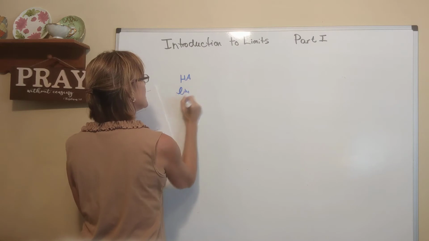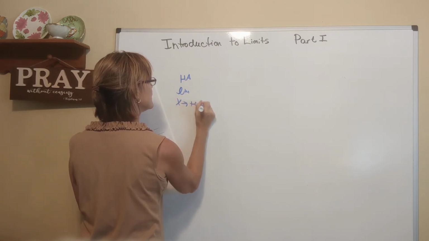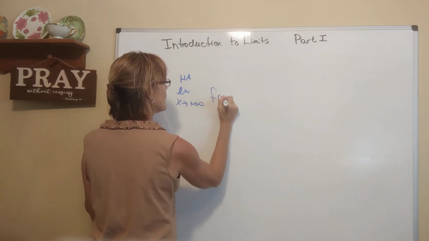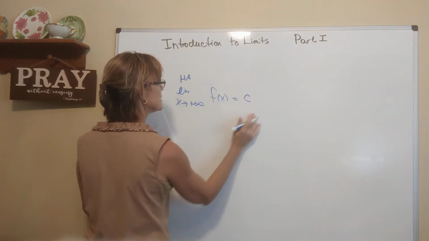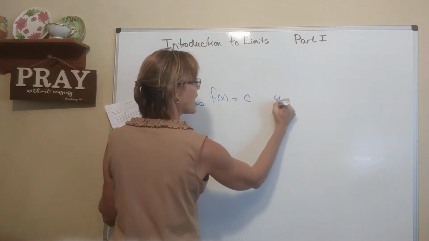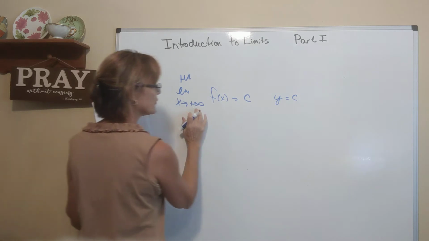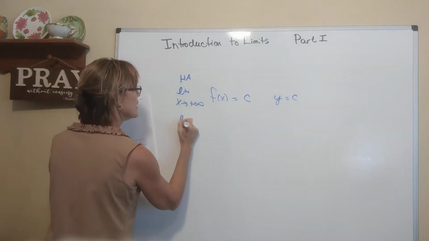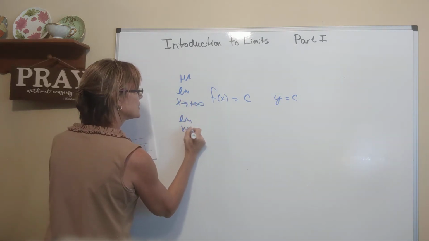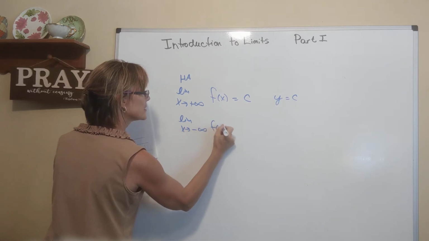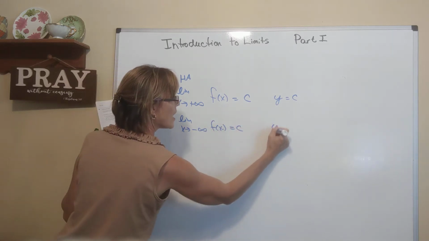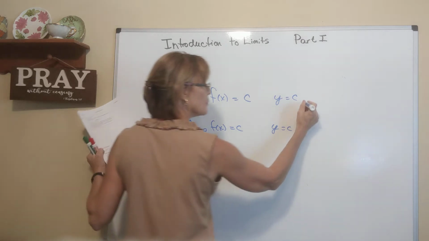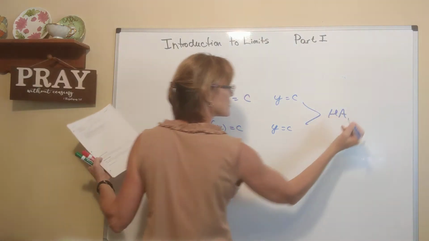The limit as x approaches positive infinity of f of x equals some value c. So basically, y is equal to c when x is very, very big and positive. Or the limit as x approaches negative infinity of f of x equals c. In both of these cases, this defines a horizontal asymptote.